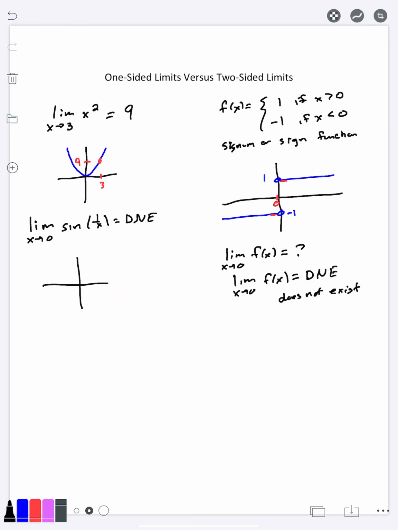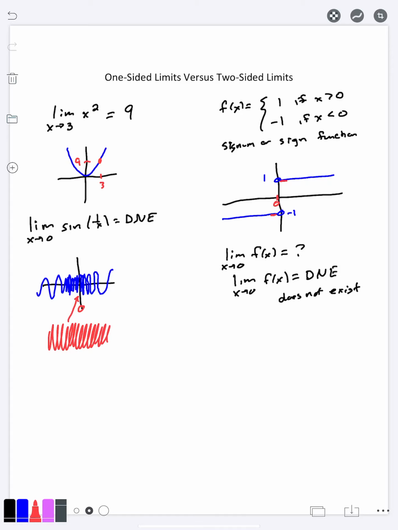And the reason, if you were to try to draw this graph here, is it starts out kind of looking like a sine graph, but then it gets closer and closer and closer, and then spreads back out over here. And so the idea is, if you try to look at 0 there, you have no idea what the y value is because it's just going back and forth so fast. There is no one y value to give it.